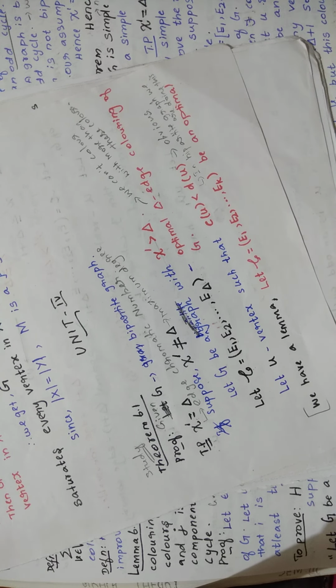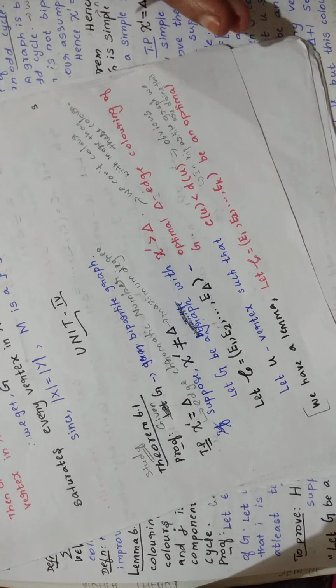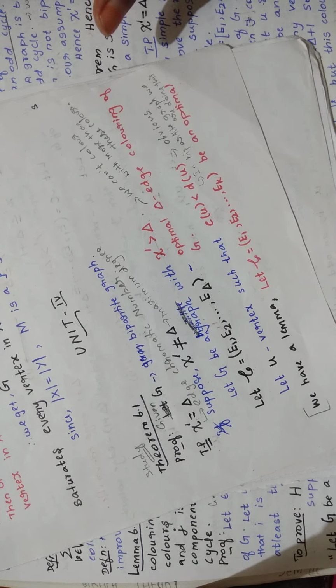Optimal delta edge coloring means if there is a graph having 5 edges, then you can color that graph with at most 5 colors. You can't use more than 5 colors, right? So you can say that the 5 edge coloring is an optimal coloring of that graph.